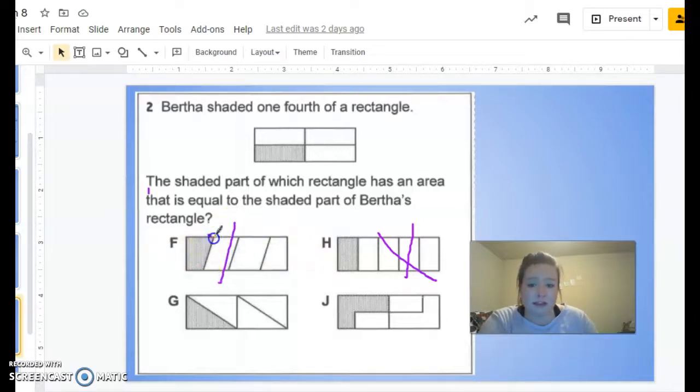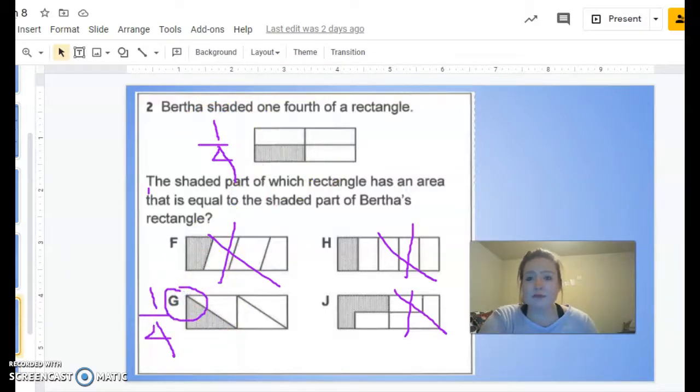These are not equivalent. And these are not equivalent. You have a piece right here, but then you have this bigger piece over there. Same thing here. You have this small little rectangle and then what looks like an L. Those are not equivalent. So letter G, this is 1/4 and this is 1/4. Okay?